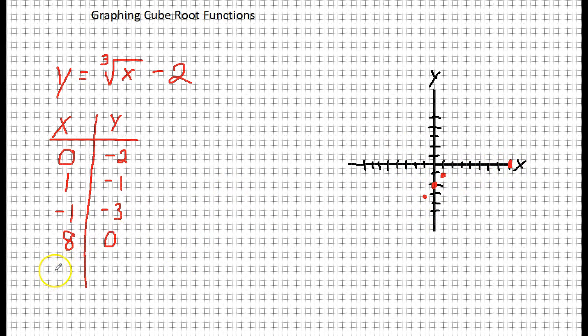Now, if I want to have whole number coordinates going to the left, I need to plug in negative 8. Why? Because negative 2 cubed is negative 8. So the cube root of negative 8 is negative 2. Negative 2 minus 2 is negative 4. Alright, so I go over to negative 8, down to negative 4.